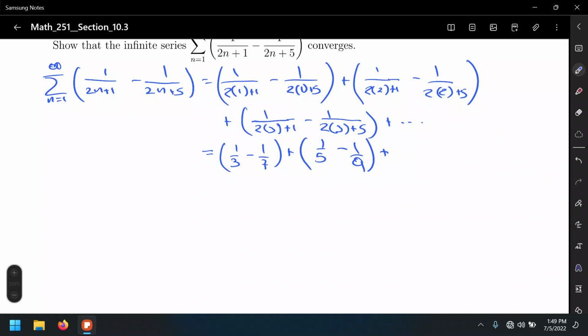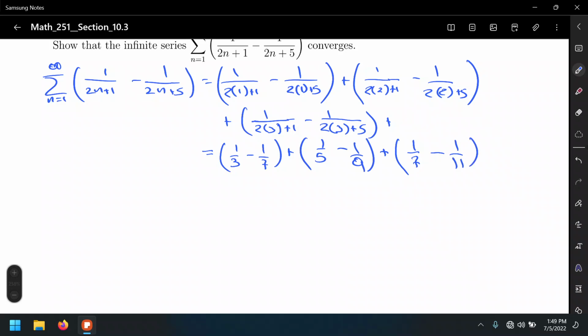Yes. Let's look at the third group of parentheses. Well, so that's 2 times 3, which is 6 plus 1, that's a 1/7. Oh, do you see what's going on now? Do you see how these terms are going to start canceling? And the next one, that's 2 times 3, which is 6 plus 5, 1 over 11.